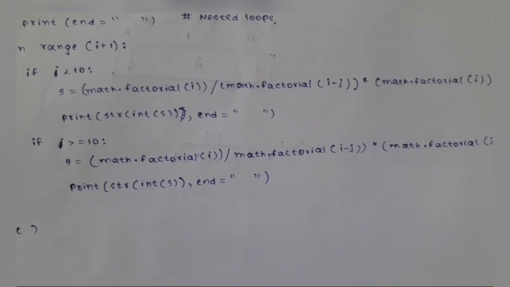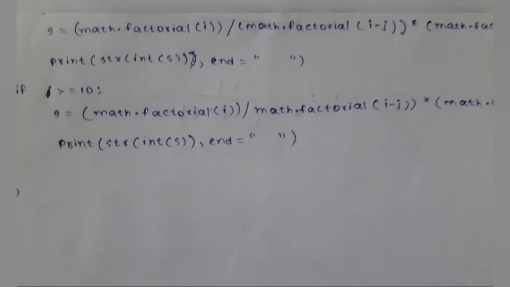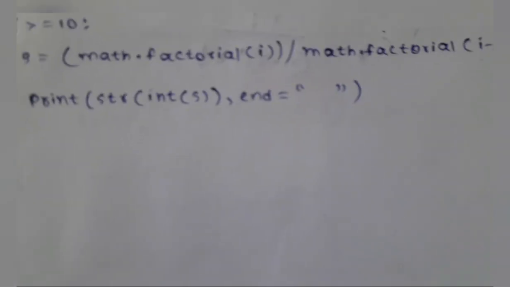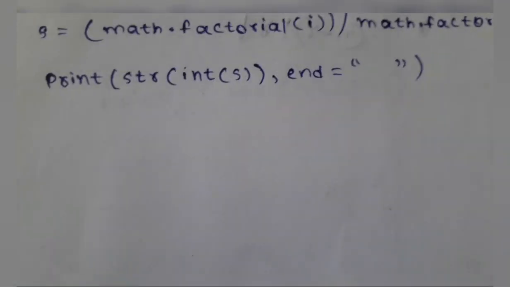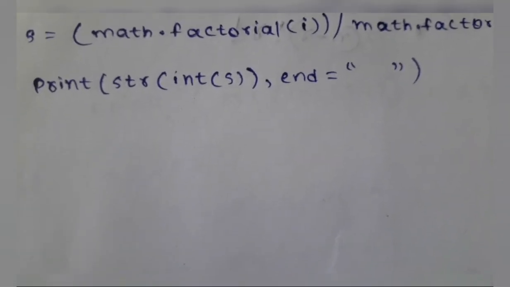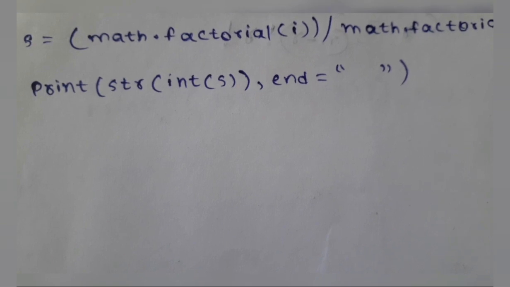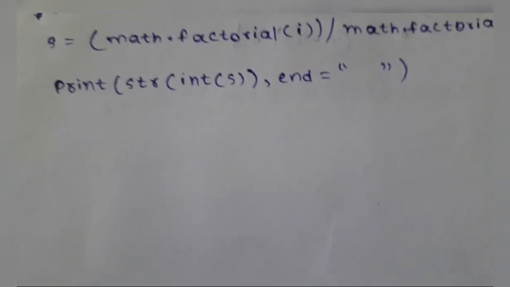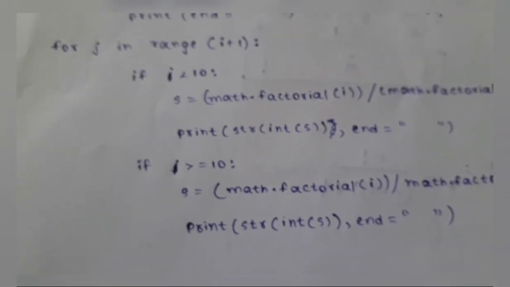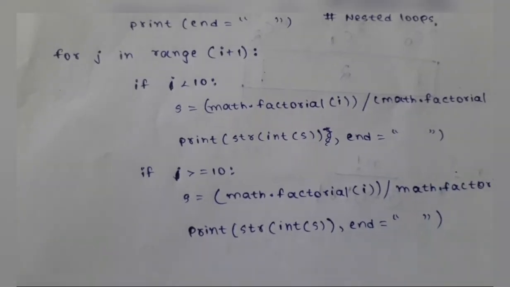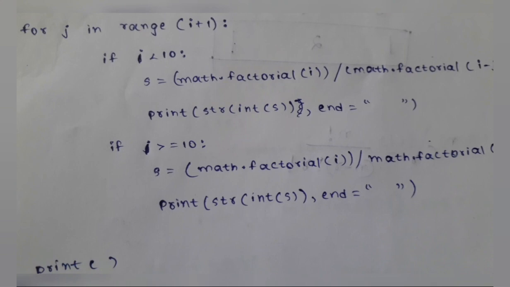So the numbers are saved in s, and after saving, the number will be printed as a string, and after printing as a string, some empty spaces are given so that it will again perform the loop and another number will be printed in the same line.